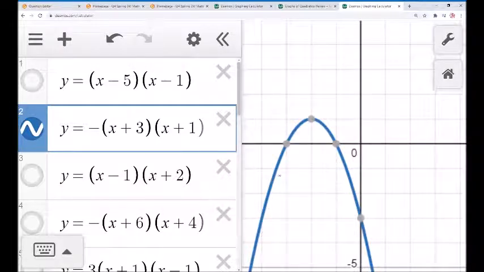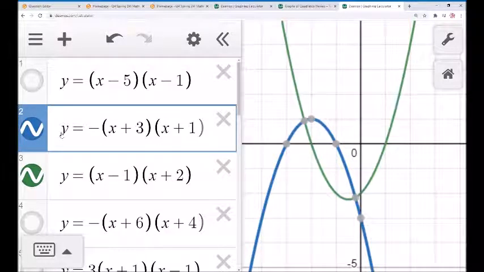What's the difference between the blue formula and the green formula? Well, the blue formula has a negative in front of it, and that's why it's going down.